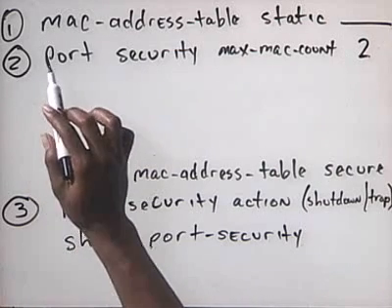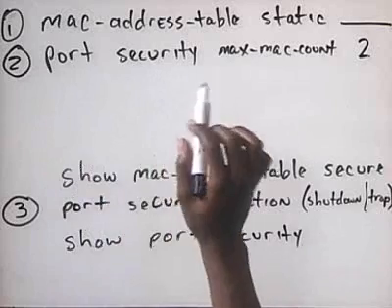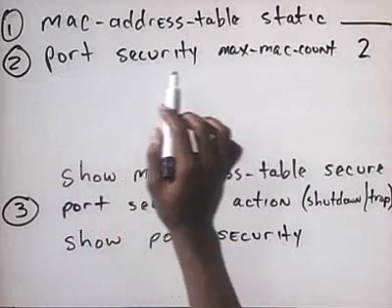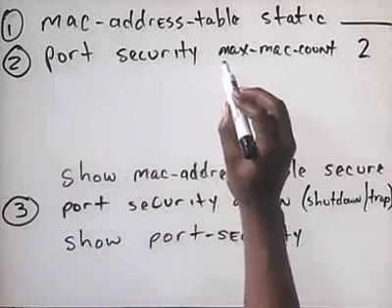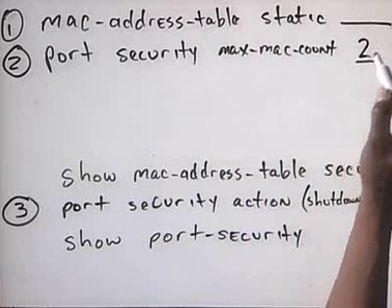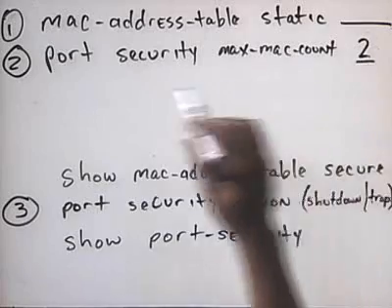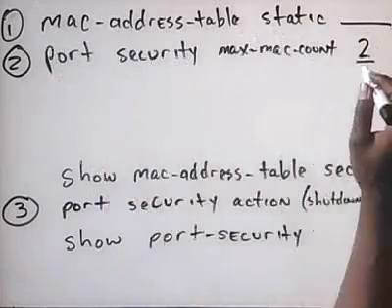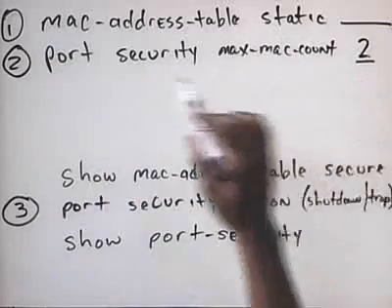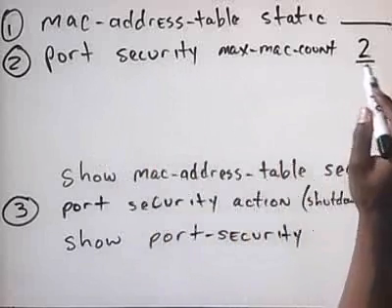Secondly, you set port security with the port security command, port security max-mac-count. Here I've specified 2, indicating that there can be 2 MAC addresses that can be associated with or learned on that particular port.